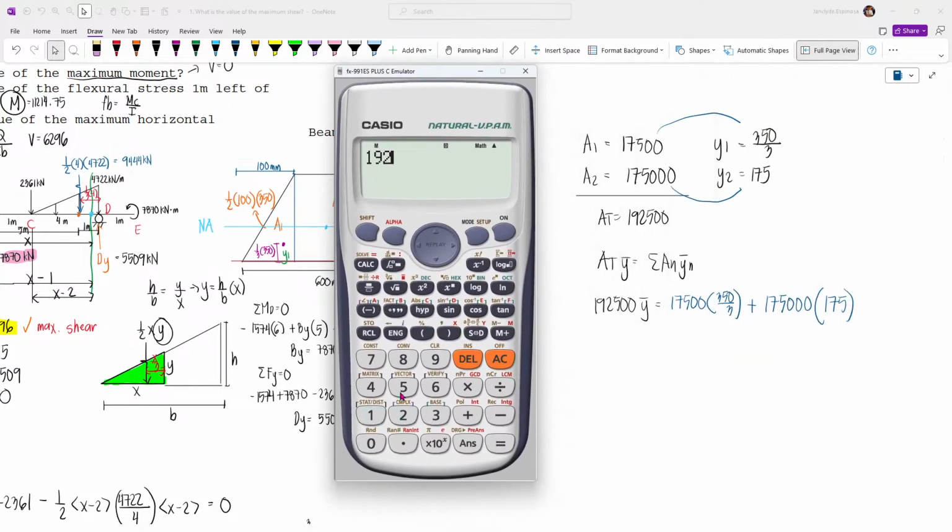So 192,500 times barred Y equals 17,500 times 350 over 3. Ay, sorry. And then plus 175,000 times 175.